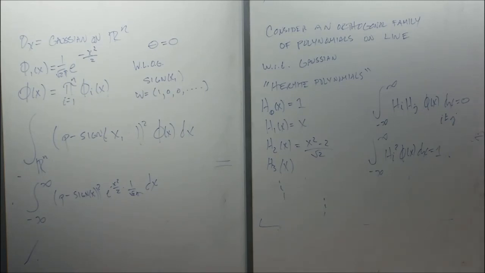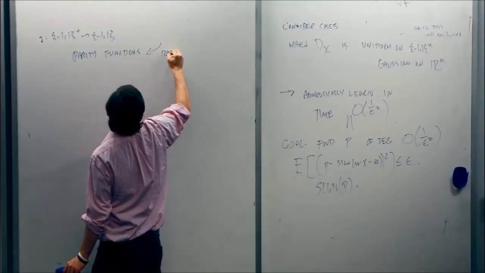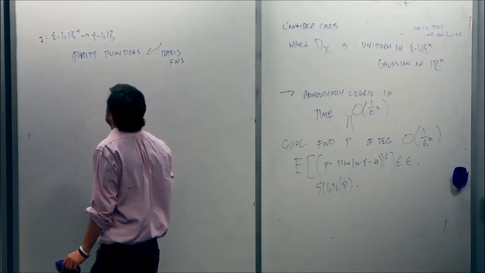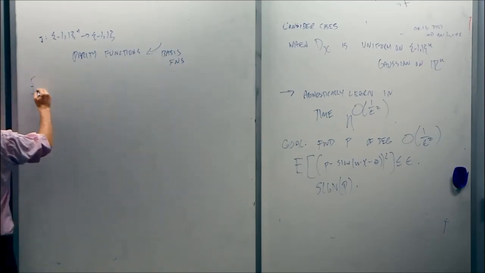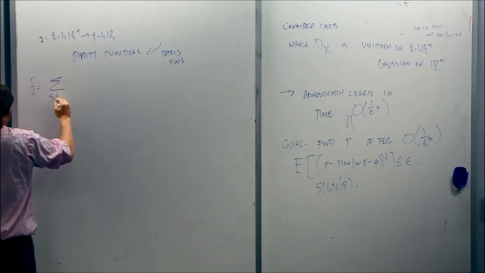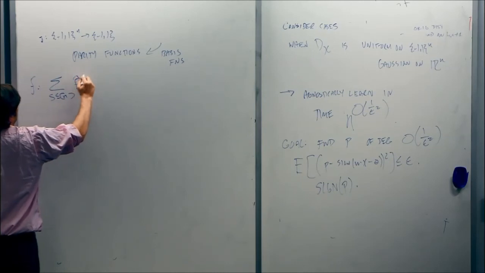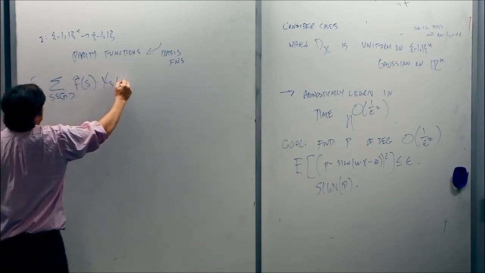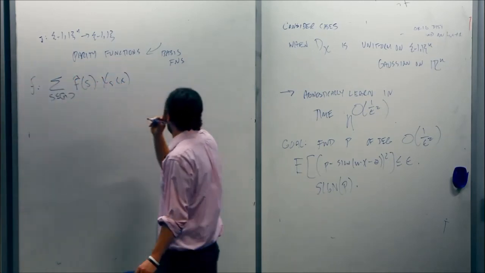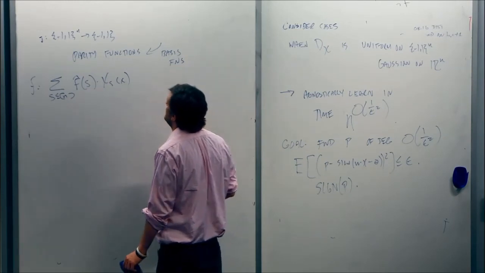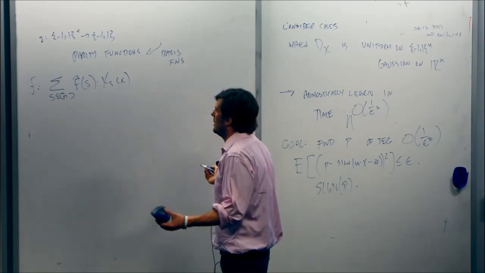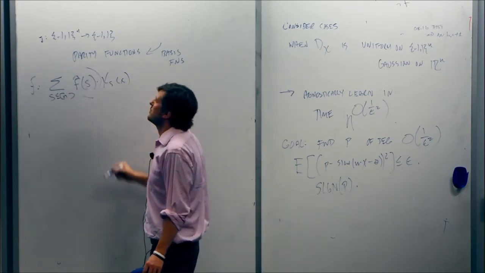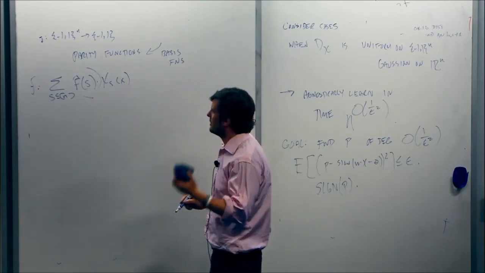And we've had these parity functions. These were our basis functions. And we said that every f can be written as a linear combination of these parity functions. And these f hat s's were the Fourier coefficients.